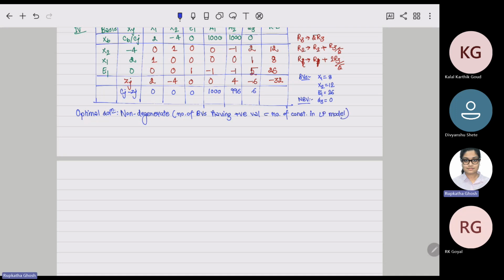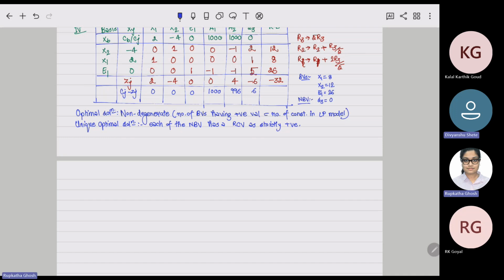This is the first reason. Whether it is a unique or a multiple optimal solution, this is a unique optimal solution. Why? Because each of the non-basic variables has a reduced cost value as strictly positive.